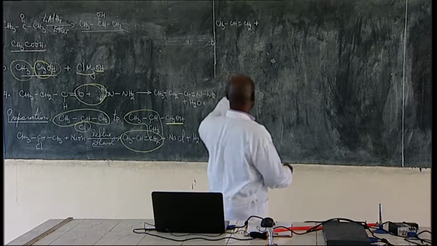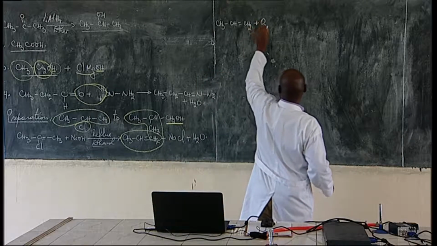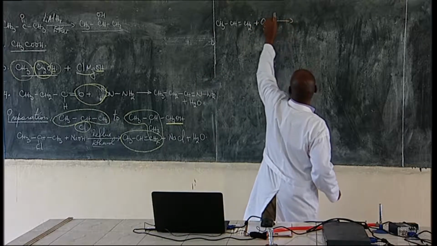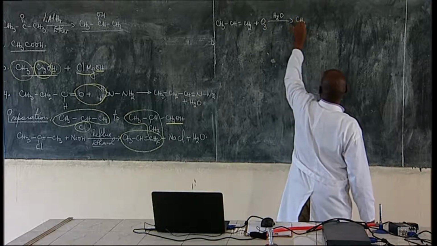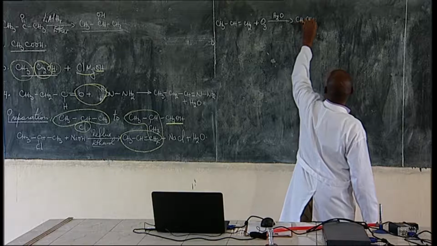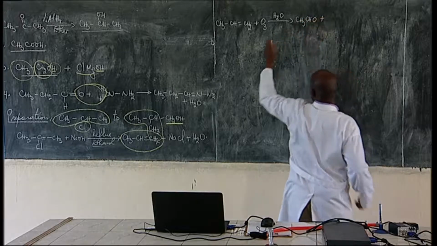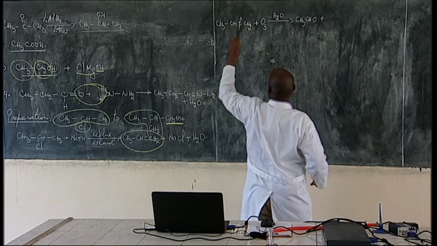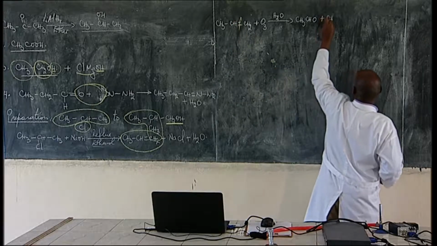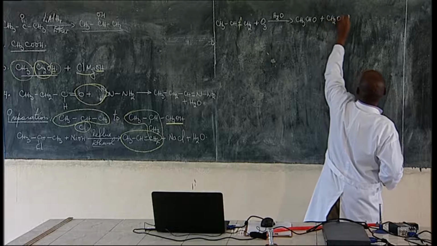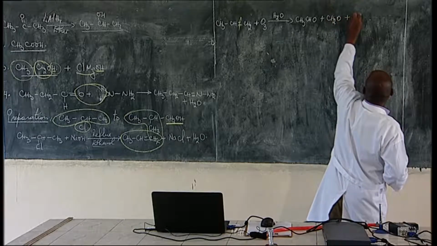So if we use ozone here, in the presence of water, what do we produce? We produce CH3CHO plus, because the bond will be broken at this level, CH2O plus H2O2.